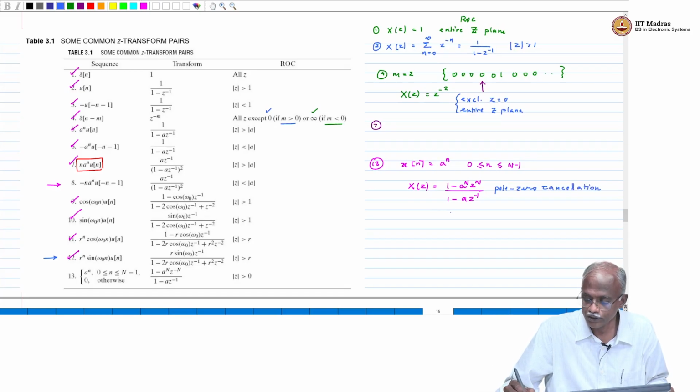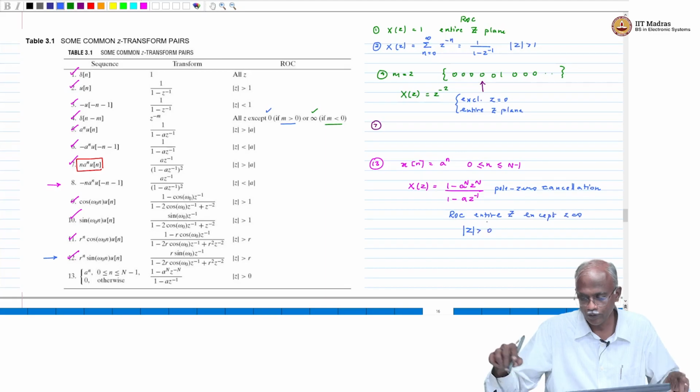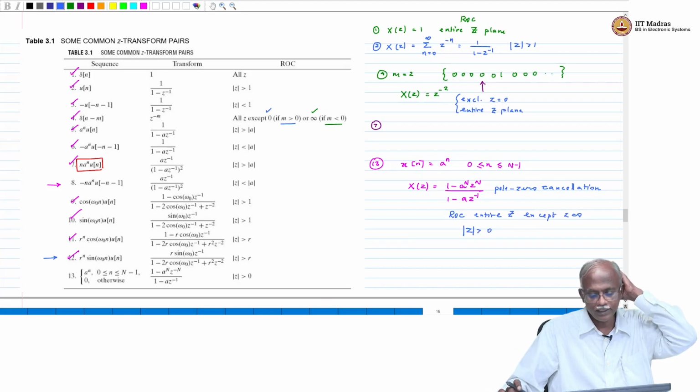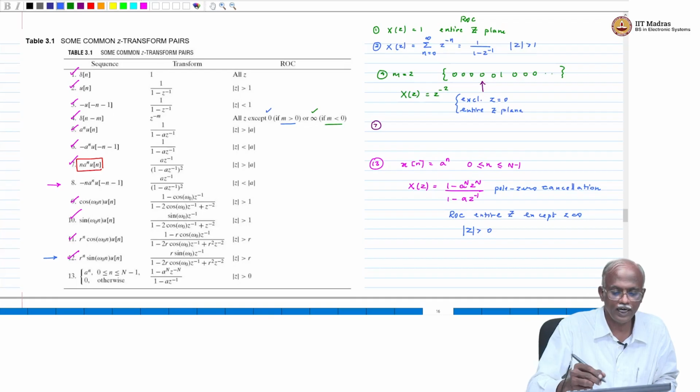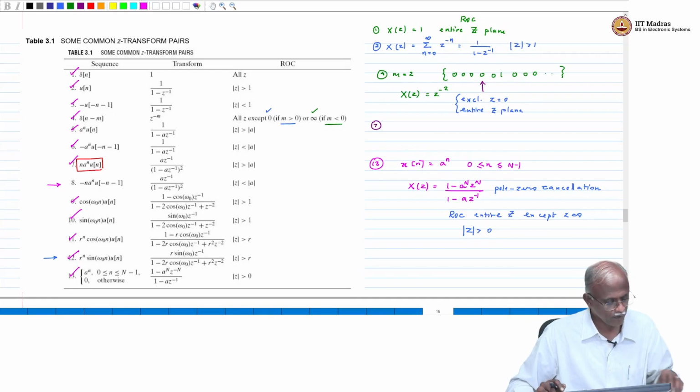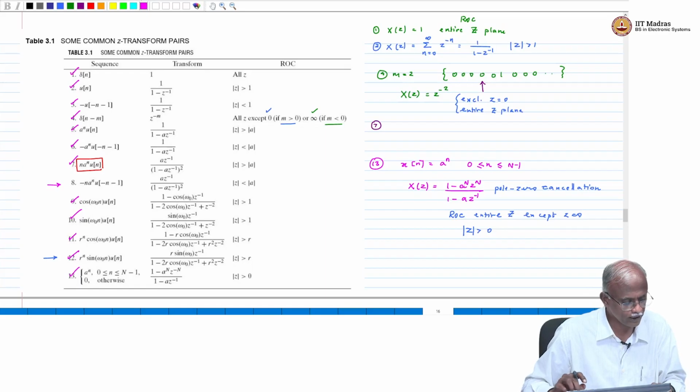So the ROC will be the entire z plane except z equal to 0, which is the same as saying mod z strictly greater than 0. Equal to 0 is not allowed. Anything greater than 0 will be allowed as valid. So this is the expression that we have for this sequence.